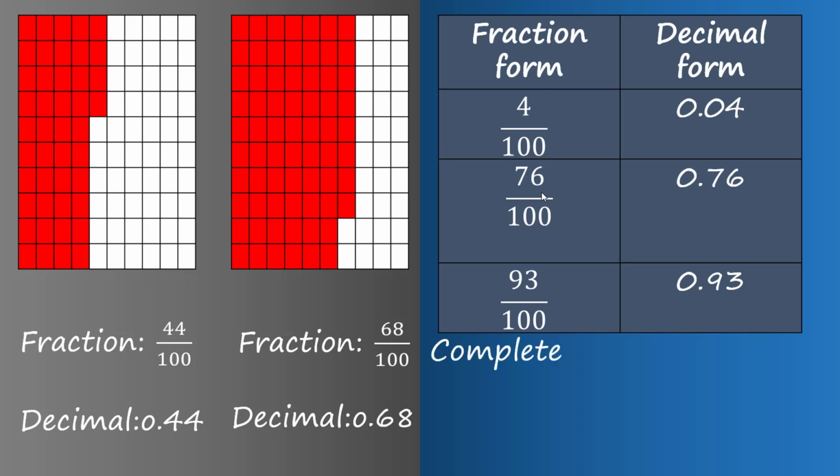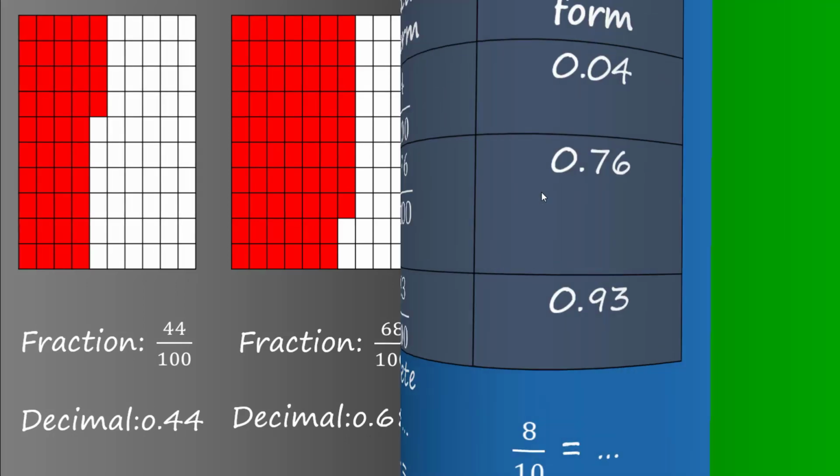We can complete this exercise. 0.7 equals what as a fraction, 0.23 equals what, 8 over 10 equals what as a decimal, 62 over 100 equals what.